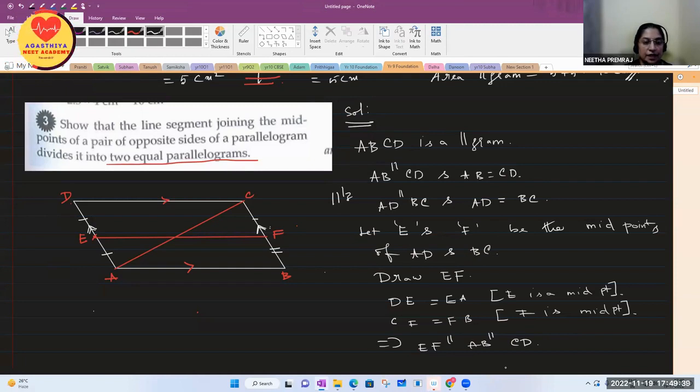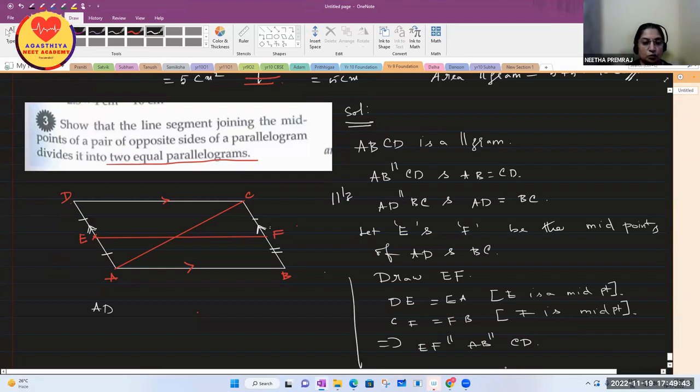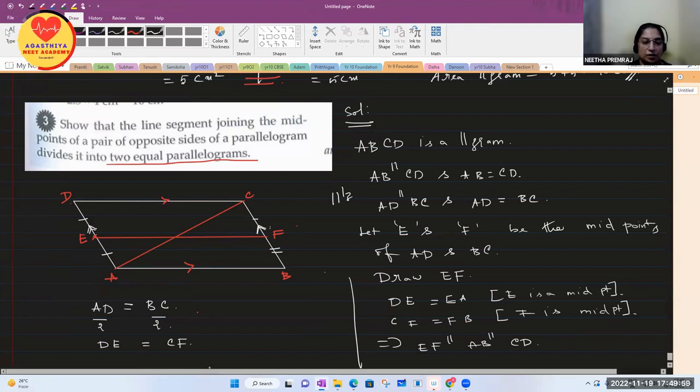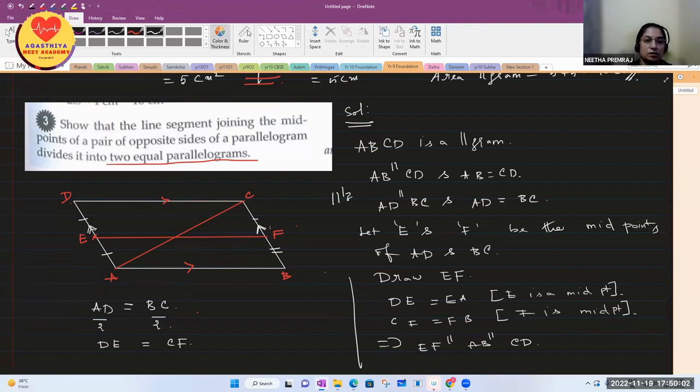And you know that, as AD is equal to BC, divided by 2, you can write DE and CF, isn't it? I don't want to confuse you much. So DE is equal to CF, divided by 2, DE is equal to CF and EA is equal to FB.